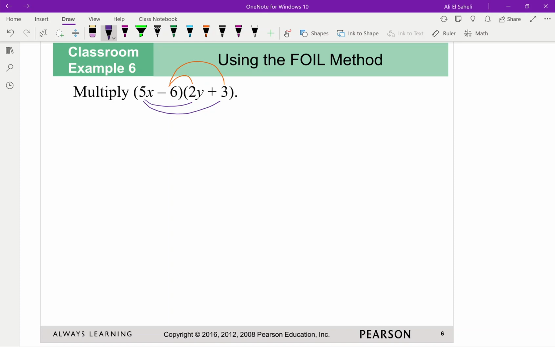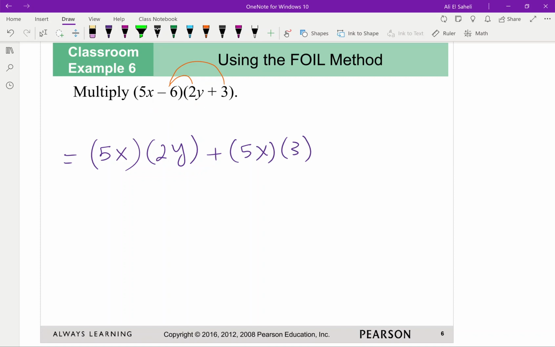All right. 5x times 2y, there is a plus here, 5x times 3, then the other one, minus 6 times 2y, minus 6 times 3. 5 times 2 is 10xy. 5 times 3 is 15.